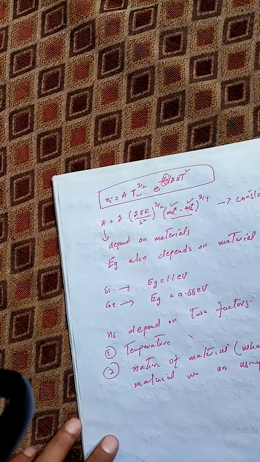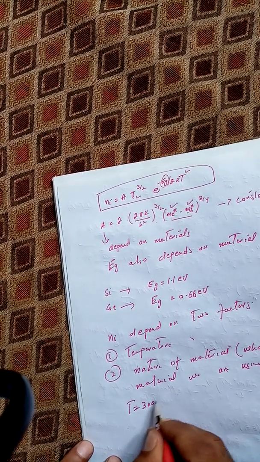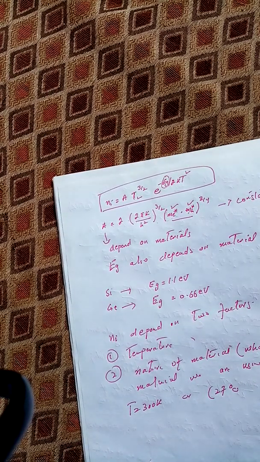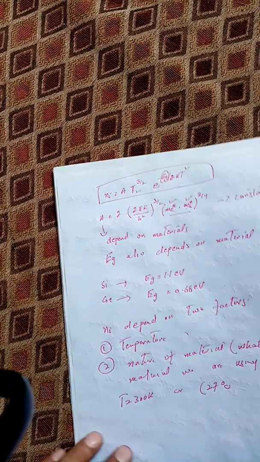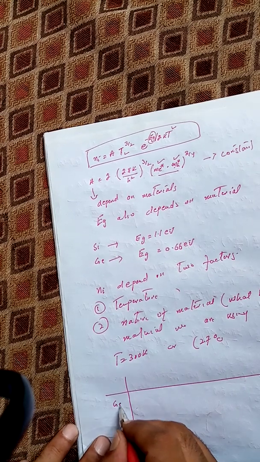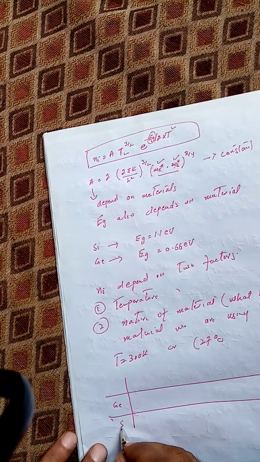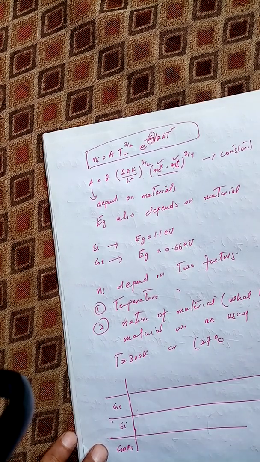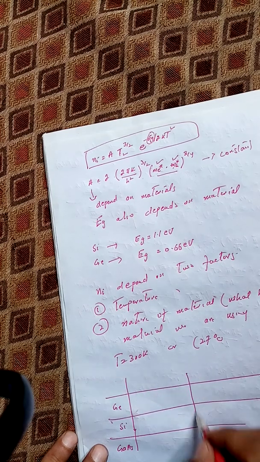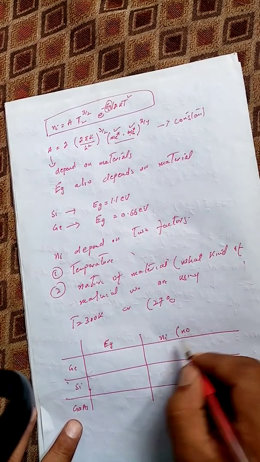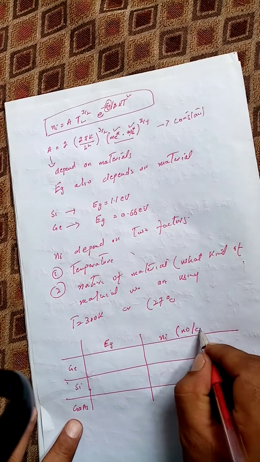Now consider room temperature, T equal to 300 Kelvin or 27 degrees Celsius. The band gap and carrier concentration for different materials are as follows. Suppose we have germanium, silicon, and gallium arsenide. Here we have the energy gap Eg, and here the carrier concentration, meaning the number of carriers per centimeter cube.